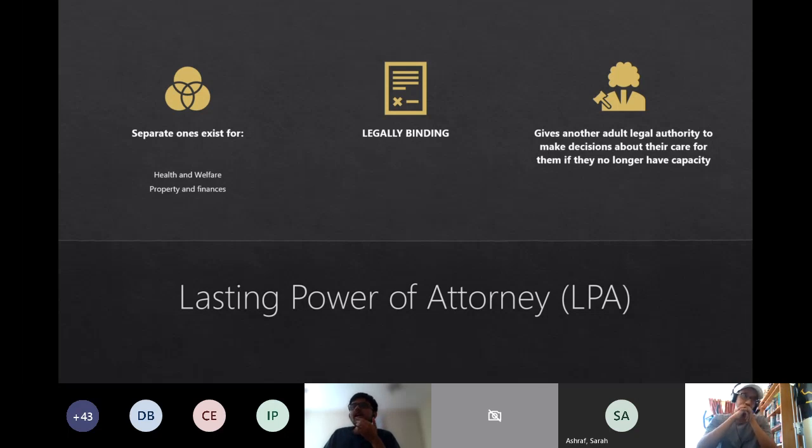Yeah. And I guess we'll briefly go back to do not attempt resuscitation. As you said, it's a specific type of advanced decision that is initiated by the doctors based on what they think is in the best interest of the patient. Just think about resuscitation like this.